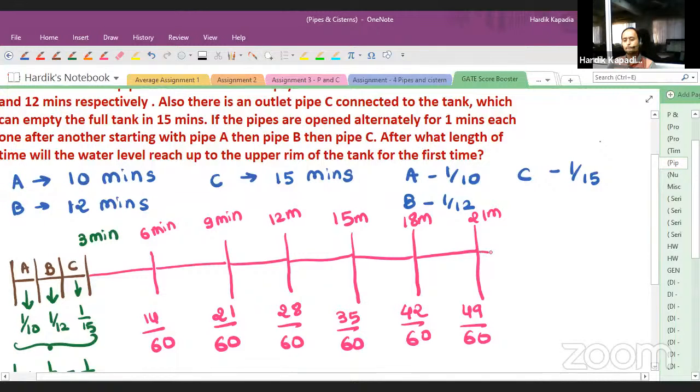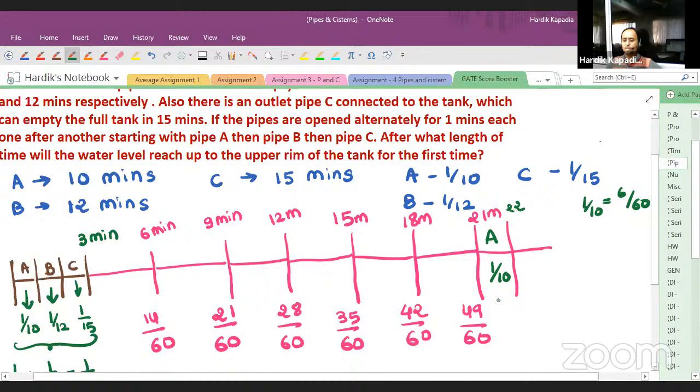But now, after 21 minutes, we'll calculate it differently. From 21 to 22 minutes, it's A's turn, ABC, ABC, ABC, and we have 1/10. Can I write 1/10 as 6/60? Multiply by 6 in numerator and denominator.